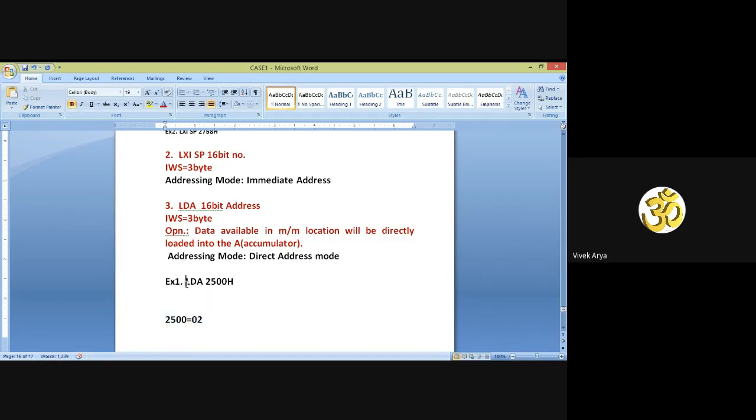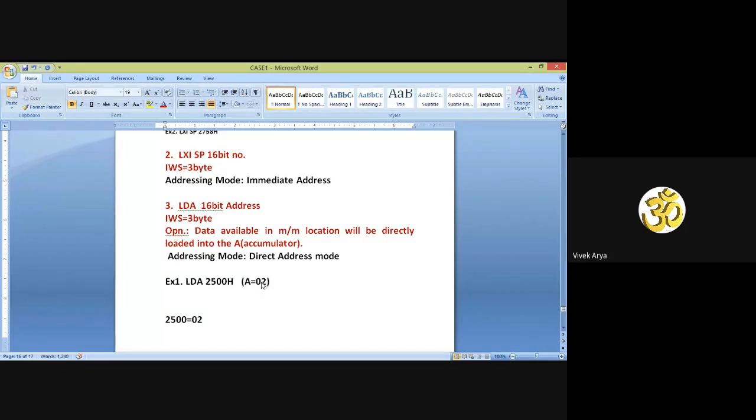After execution of LDA 2500H, the data available at 2500, which is 02, is directly loaded into the accumulator. So after the execution of this instruction, the content of A will be 02.